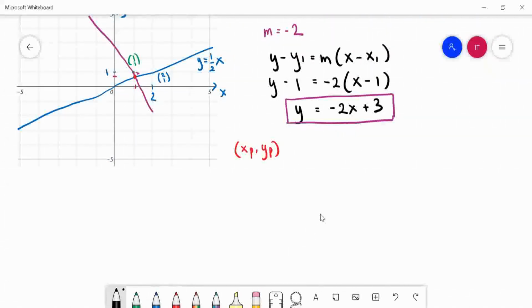To do this, we just plug half x into the magenta equation. So in this case, we have the intersection between those two lines.